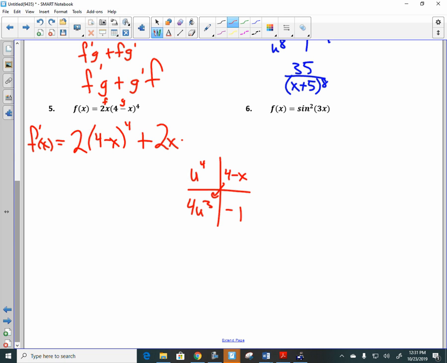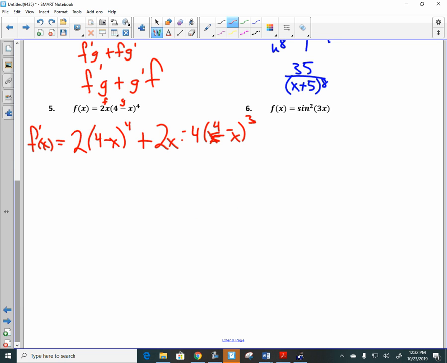So I'm just putting that down right away. Okay, so I get negative 4 times 4 minus x to the 3rd power. Is everybody in agreement there? So times negative 4, 4 minus x to the 3rd power. We're not done.